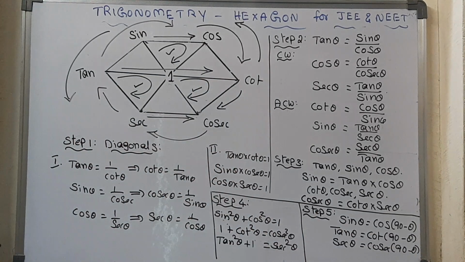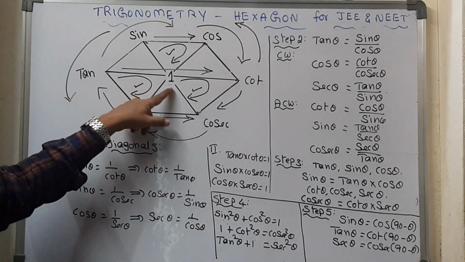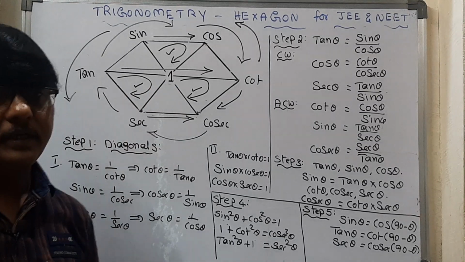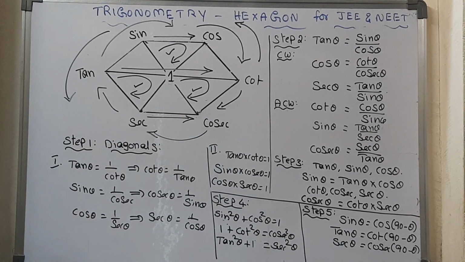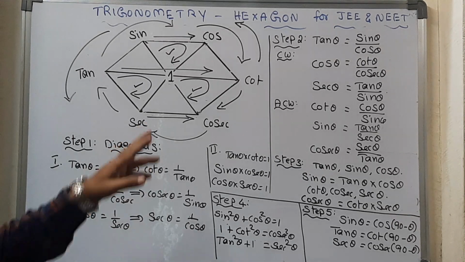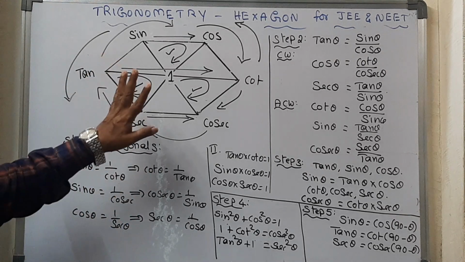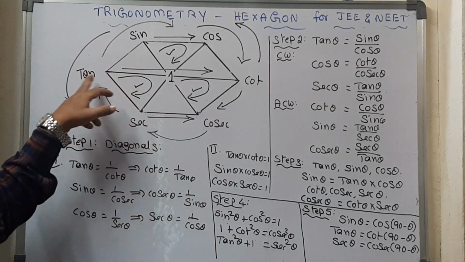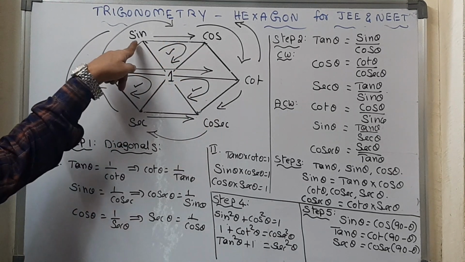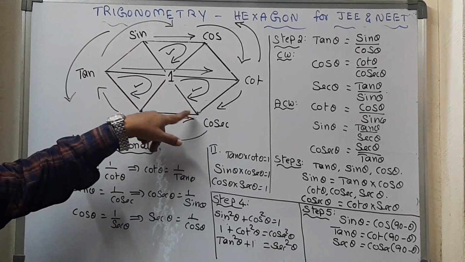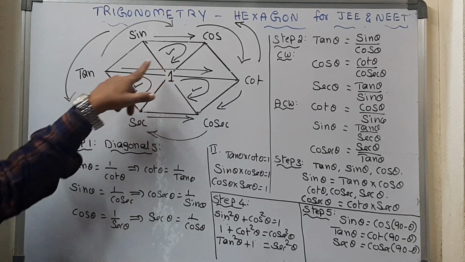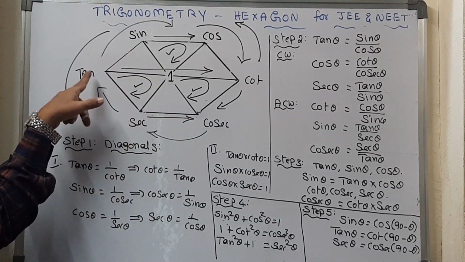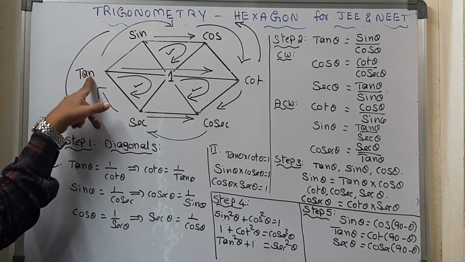Did you get it? By means of one hexagon we can get all the formulas without any memorizing. The only thing you have to do is arrange the hexagon. It's very simple. First draw the hexagon, connect all the diagonals and take one at the midpoint, then write the functions like this: tan, sine, cos.